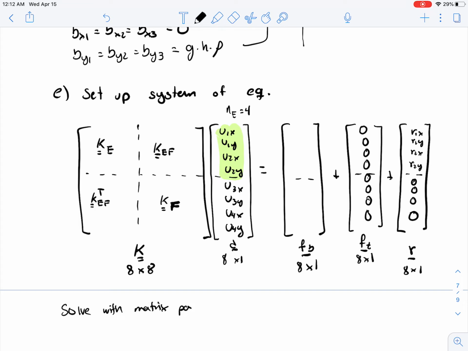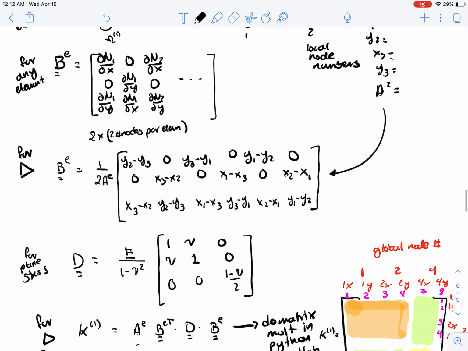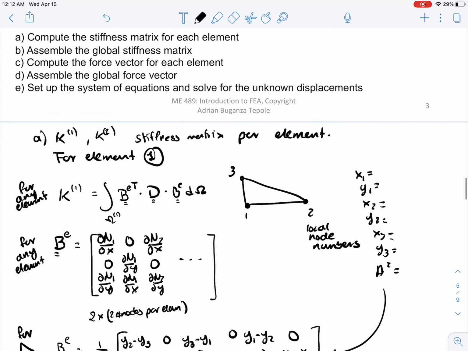And that's it. So the solution is the same as always. And that's how it is solved in the Python code.